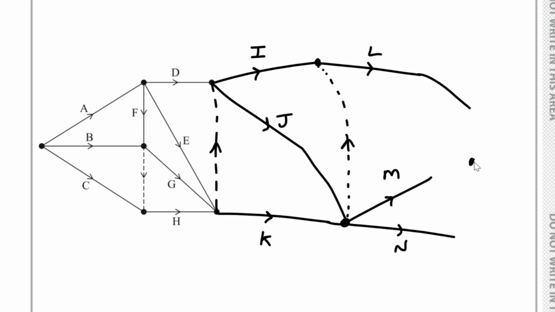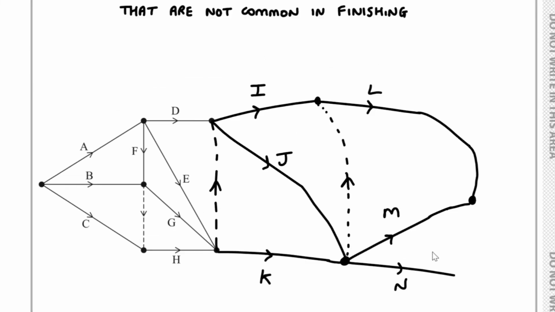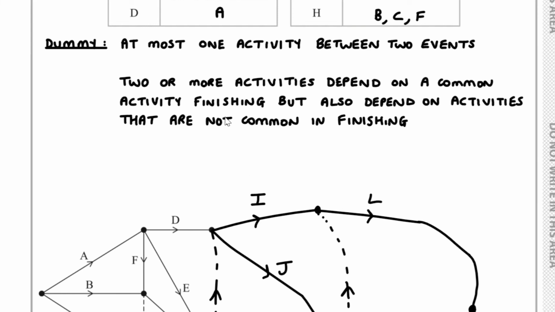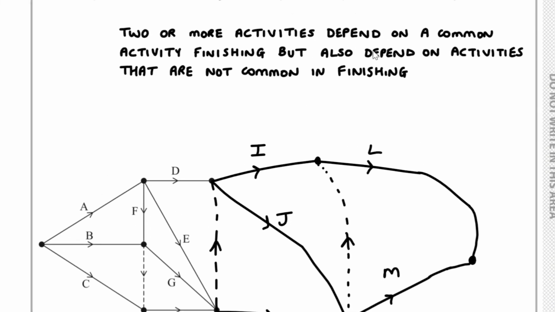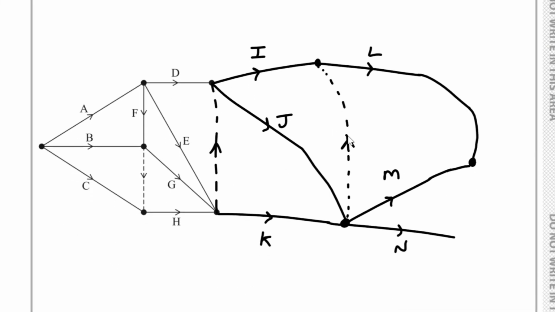Now the thing is, over here we need a common finishing point. So if L goes over here, M can go over here, and you'd find that 2 or more activities depend on a common activity finishing, but also depend on activities that are not common in finishing, so we can't have this situation.